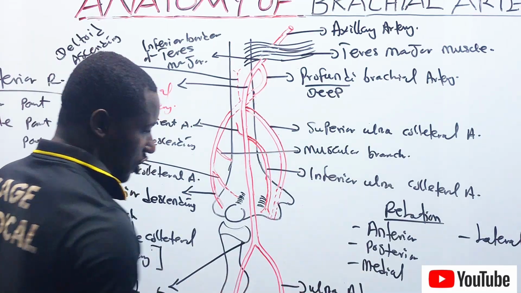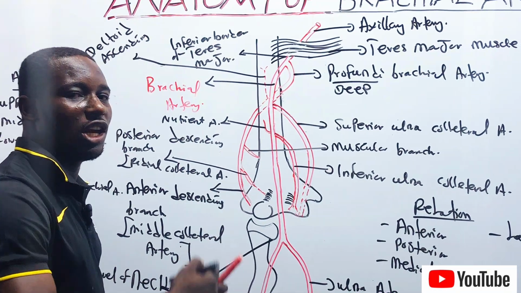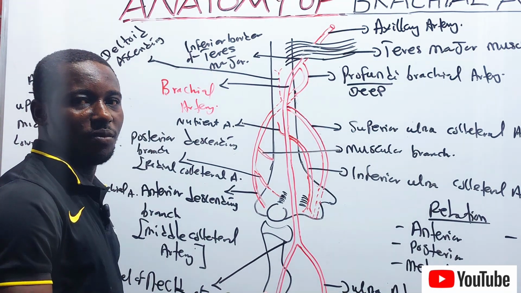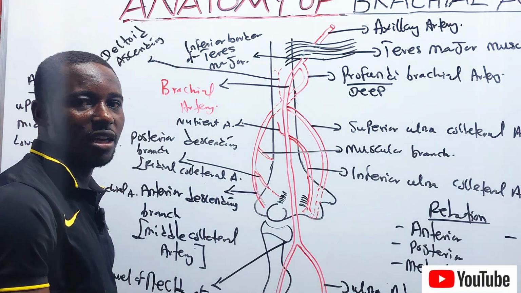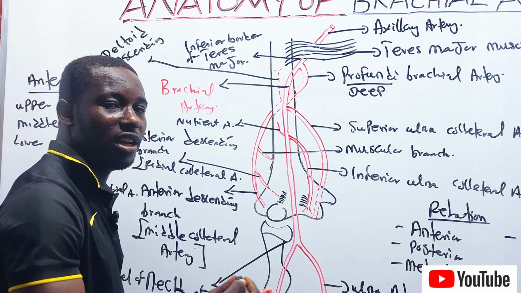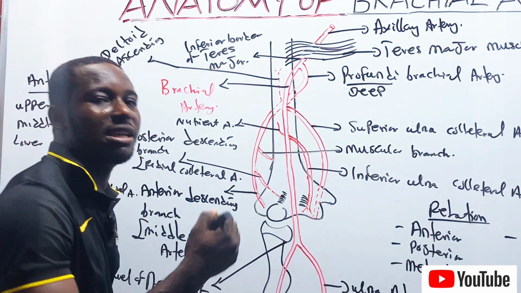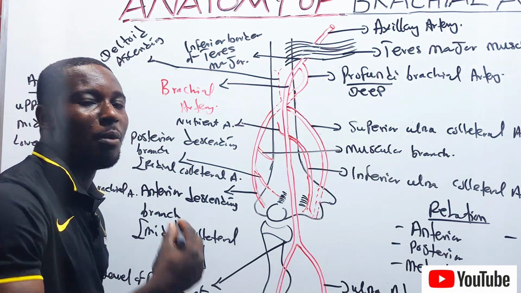The posterior relation: the brachial artery successively lies on the long head of the triceps, the medial head of the triceps, the coracobrachialis, and the brachialis muscle. On the medial relation, it is related to the ulnar nerve and the basilic vein on the upper part of the arm, and the median nerve on the lower part of the arm.